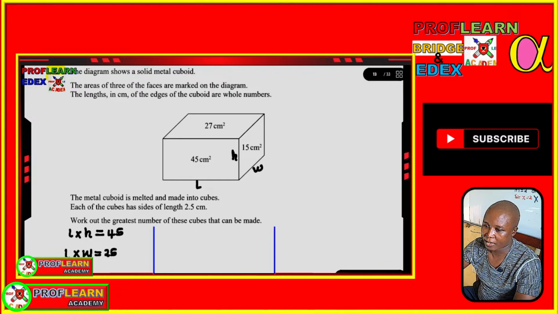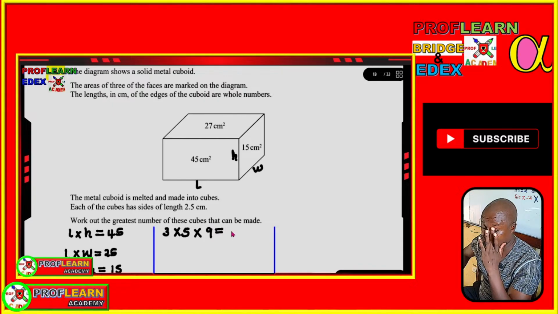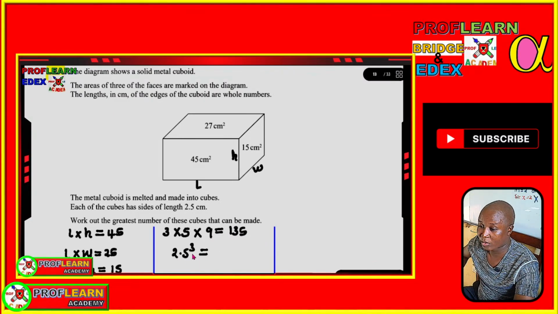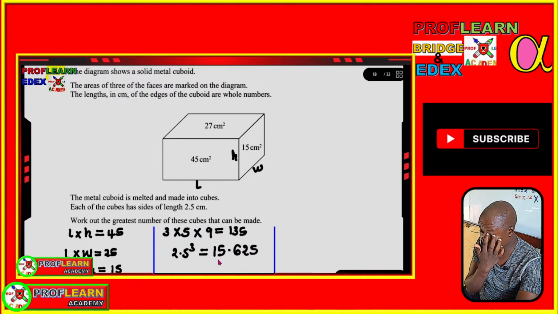Width times height gives us 15. If we multiply these together, we get the volume squared, and the volume comes to 135. And 2.5 raised to power 3 gives us 15.625, which is the volume of the small cube that is formed.